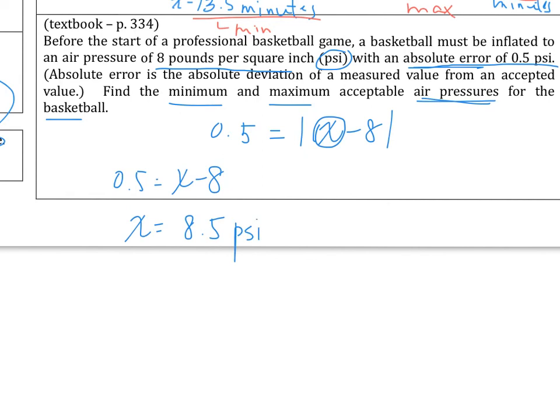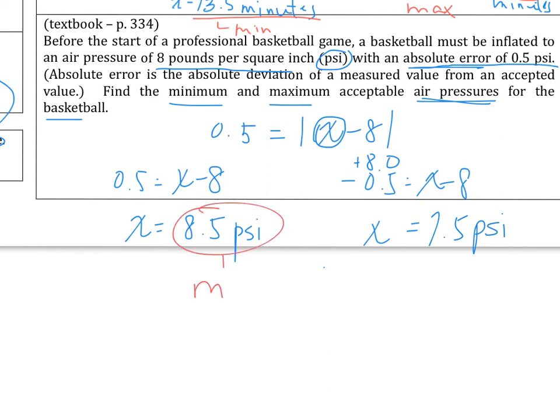And for the other one, negative 0.5 equals x minus 8, and x would equal 7.5 psi. So 8.5 psi would be your maximum, 7.5 psi will be your minimum. Okay, let me make this clearer. This is a 7. And this concludes our lesson.